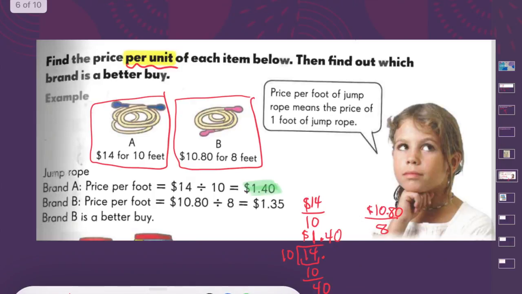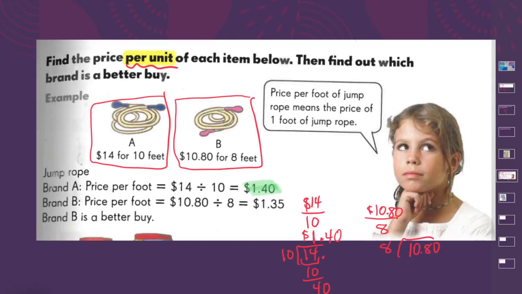And now let's look at the price per foot if we spend $10.80 for 8 feet. Remember to always line the decimal point up in the quotient with the decimal point in the dividend. And 8 goes into 10 once, with 2 ones left over. We're going to regroup those 2 ones with our 8 tenths, and now we have 28 tenths. And so 28 tenths divided into 8 equal groups gives us 3 tenths in each group.